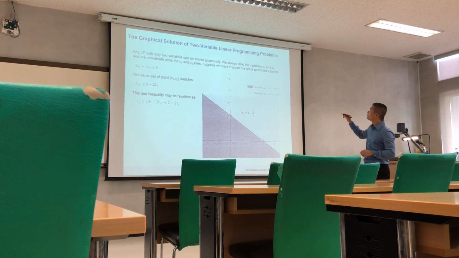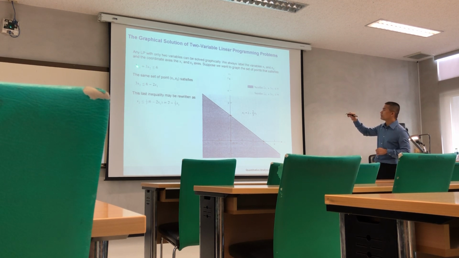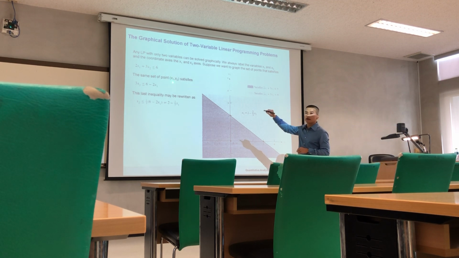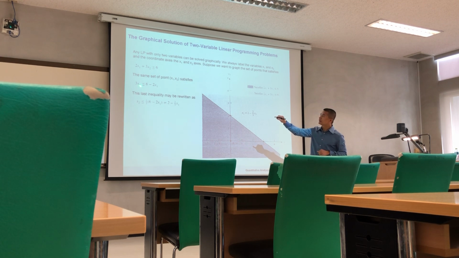Suppose we want to graph the set of points that satisfy 2x1 plus 3x2 less than or equal to 6. The same set of points x1, x2 also satisfy this one: 3x2 less than or equal to 6 minus 2x1. You can do this algebraically.